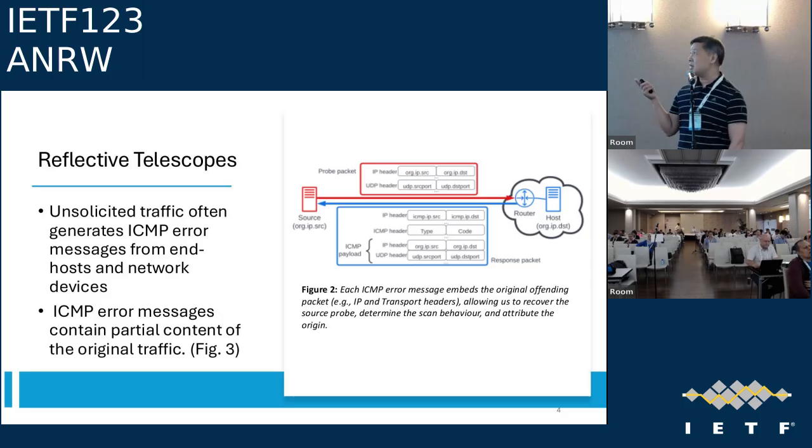Inside the ICMP message, we can recover the original packet. And based on the original packet, we know where it goes, who sent the packet, and why it caused the failure.